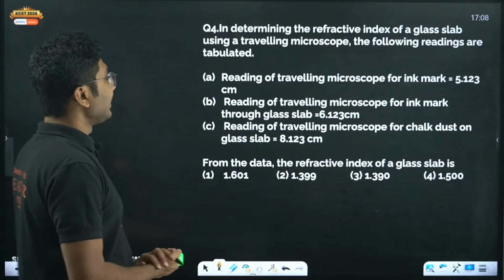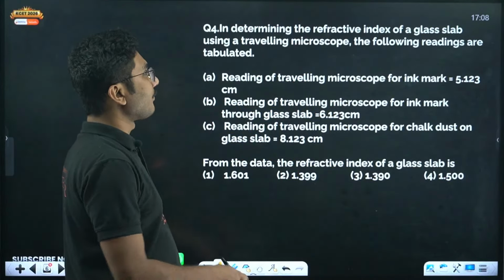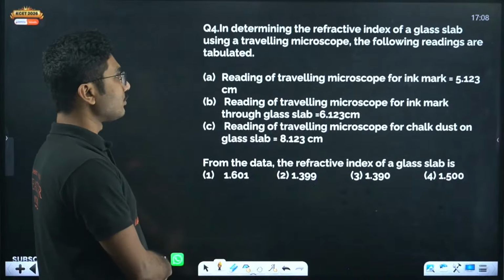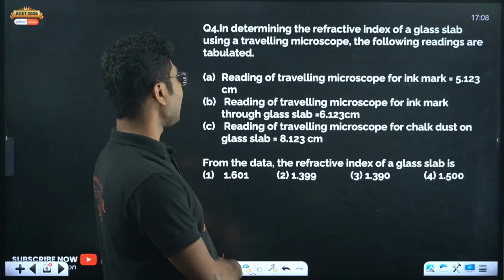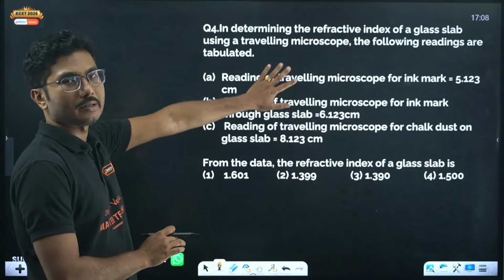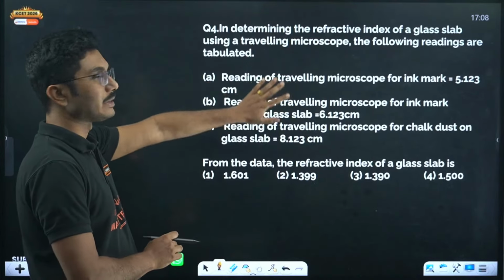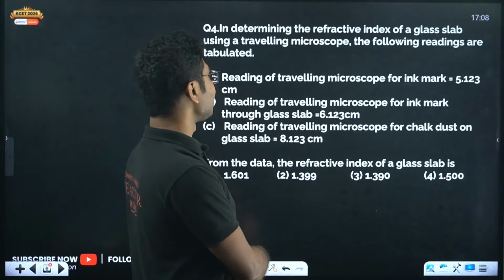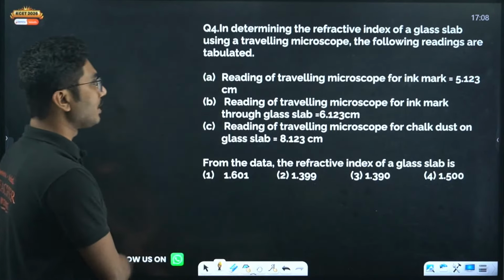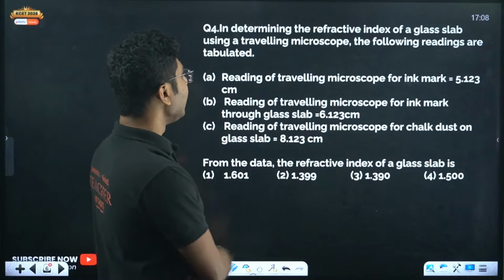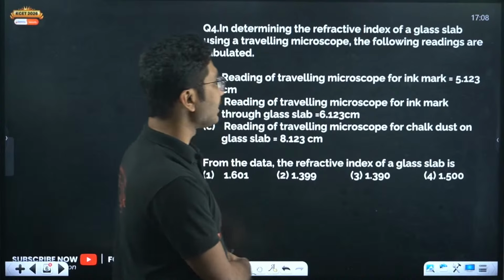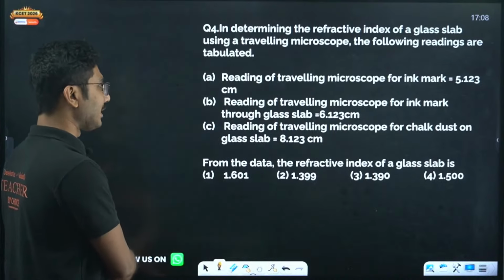Now next, in determining the refractive index of a glass slab using traveling microscope, the following readings are tabulated. So this is an experiment based question. Reading of the traveling microscope for ink mark is 5.123 centimeter.